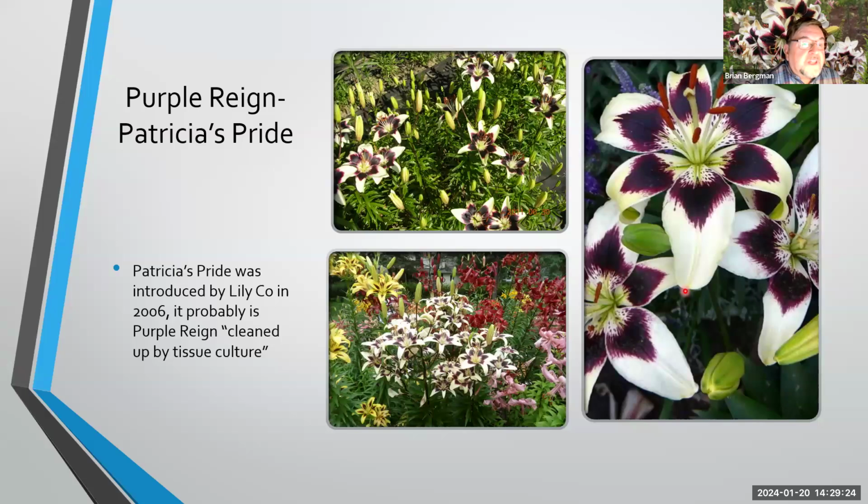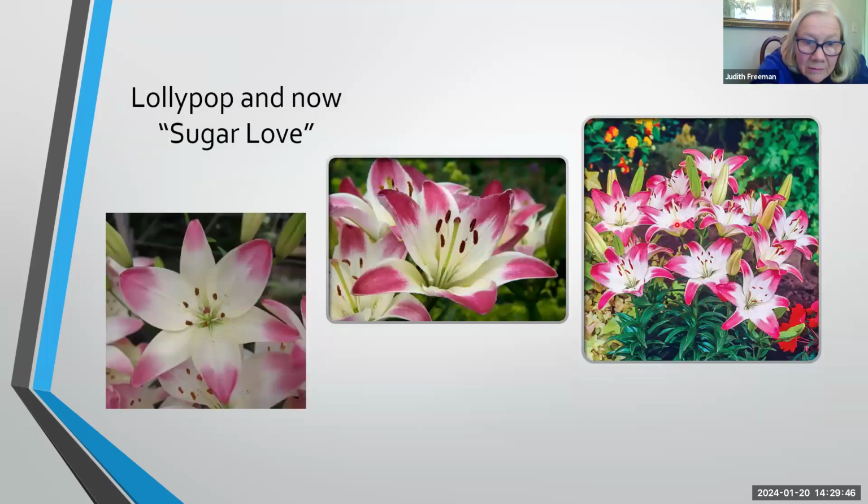But if you look at the shape of the flower, the color, the brush mark, the anthers, then you can tell the difference. But why Purple Patricia's Pride? Patricia's Pride was introduced by Lilium Company in 2006. It is probably Purple Rain that's been cleaned up by tissue culture. I agree. Next slide.